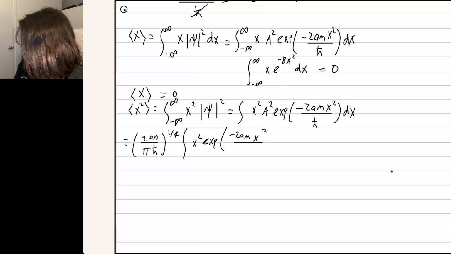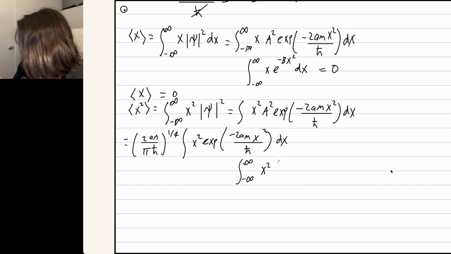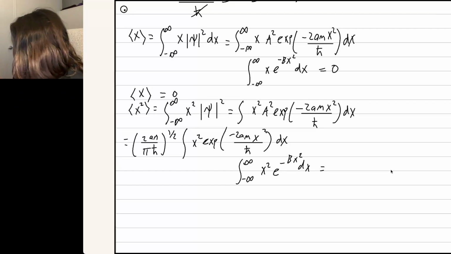This is also a standard integral. Generally, the integral over all space of x squared e to the minus b x squared dx has the solution 1/2 square root of pi over b cubed.